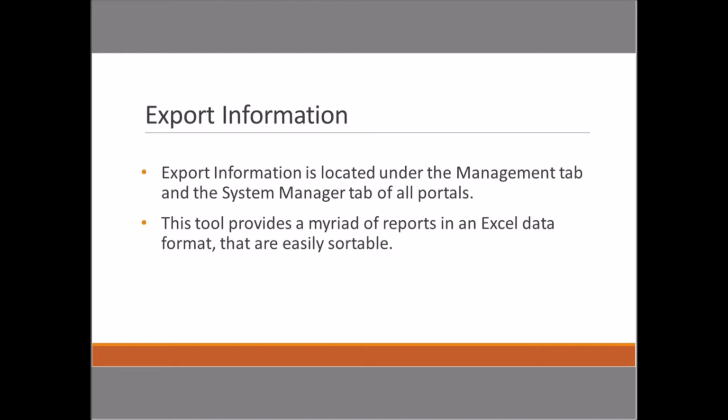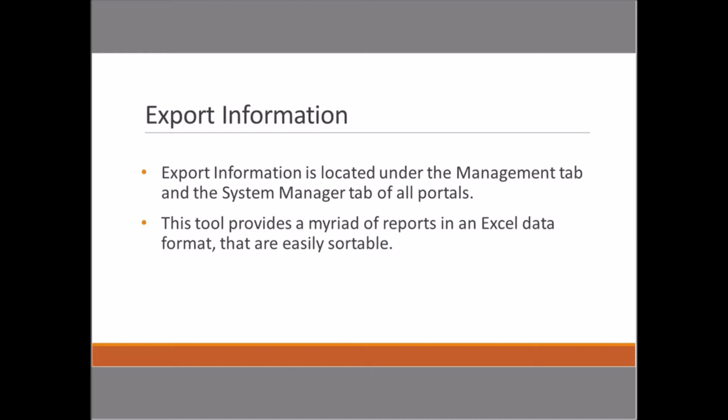So if you have the highest level of clearance, you can go to either one to get access to your data. The reason we have it under two different places is that the management tab export information can get filtered down by your level of clearance. So someone with a lesser clearance won't see all the reports, where someone with HR admin, if we're talking about jobs, is going to see everything. So just wanted to clarify a little bit about that.